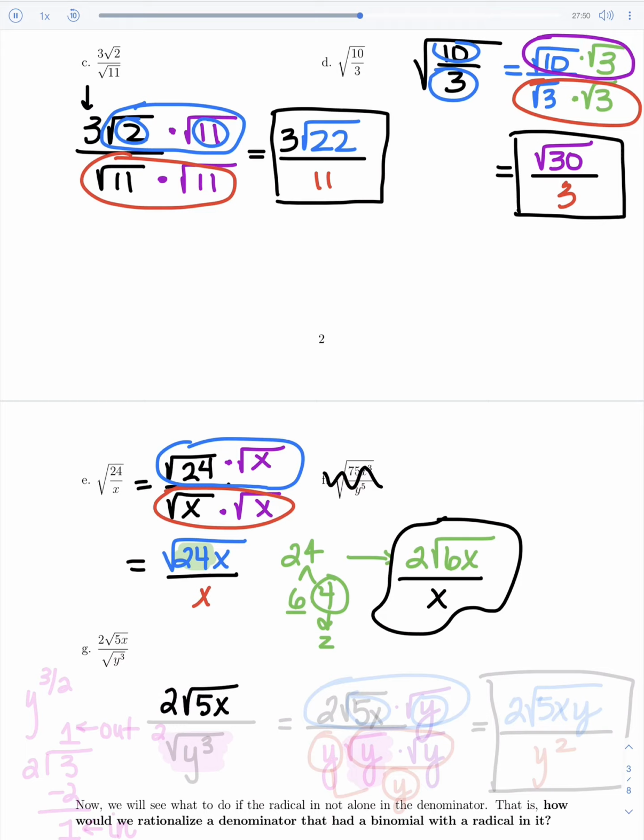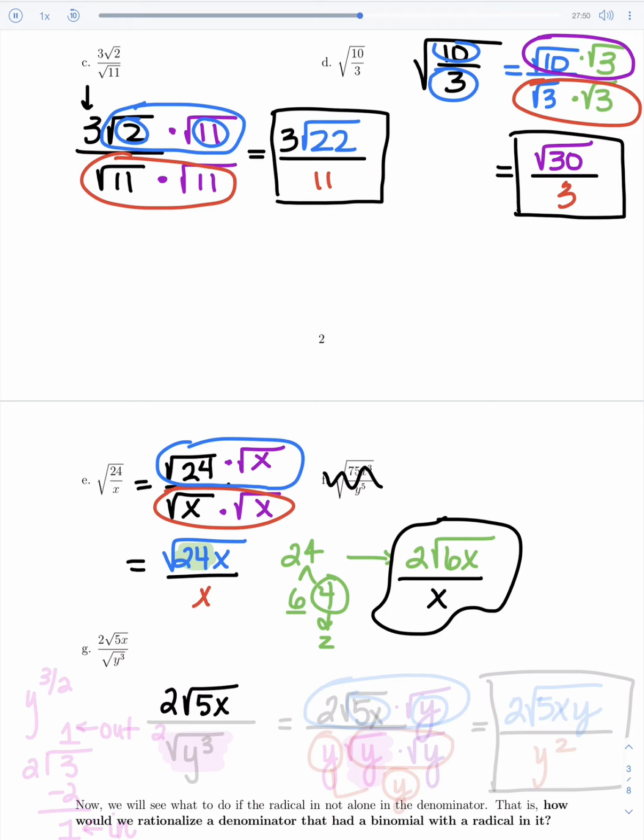So as a reminder, we've got y to the 3 halves, so 2 divides into 3 once, with a remainder of 1. So we'll have 1 of our y's coming out and 1 of our y's staying inside as a leftover remainder.